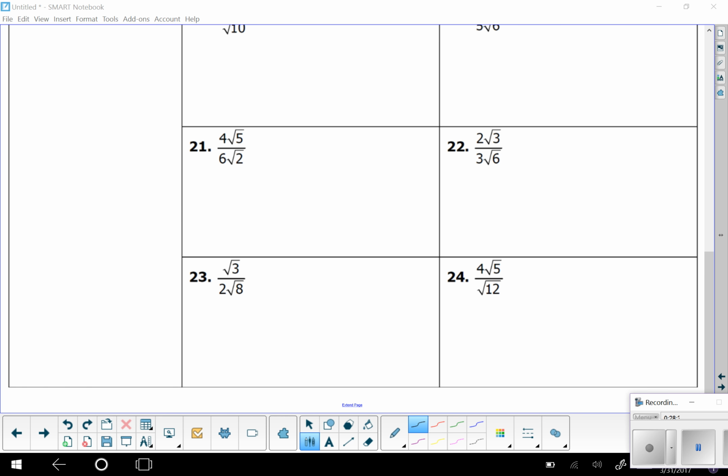Okay, last two. So for this one, ooh, that's a really bad line. We're going to multiply by the square root of 8, and that's going to give us, you know that there's two ways you can do this. Let me erase this.